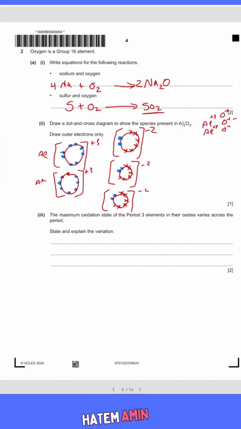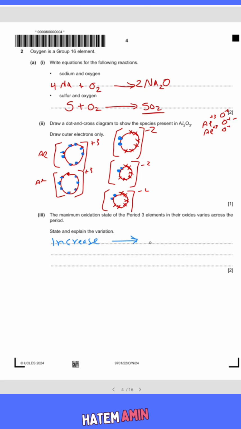The question is: the maximum oxidation state of the period 3 elements in their oxides varies across the period 3. State and explain the variation. Of course, in period 3, sodium, magnesium, aluminium, silicon can all react with oxygen, and the oxidation number should increase. Here's the change: it increases from left to right.